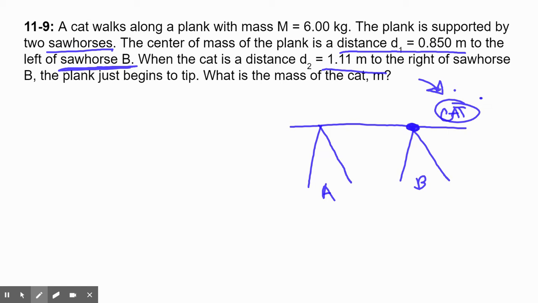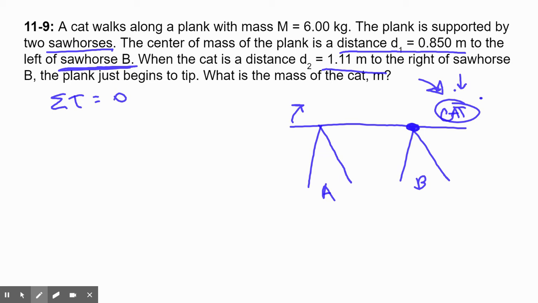If the cat's mass is over here, we know this end could easily start coming up this way if we added a second cat or a little bit more mass here. Okay. So we have a lot of things going on, but our net torque needs to be 0. So we need this to be true.